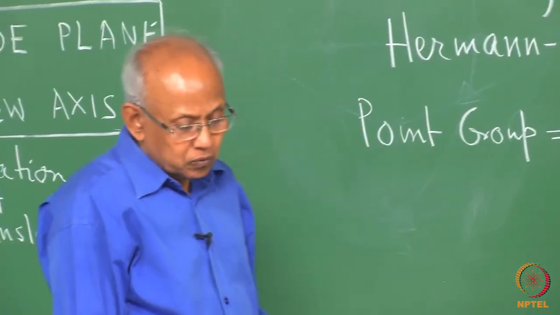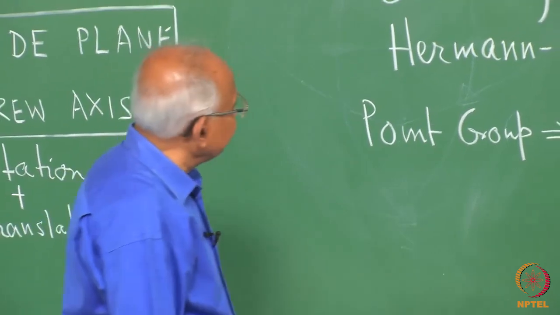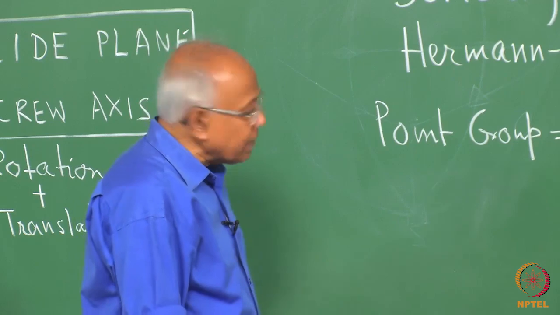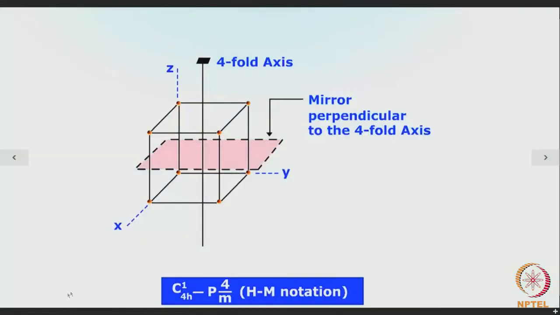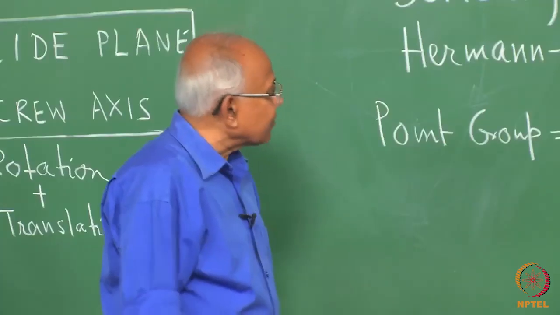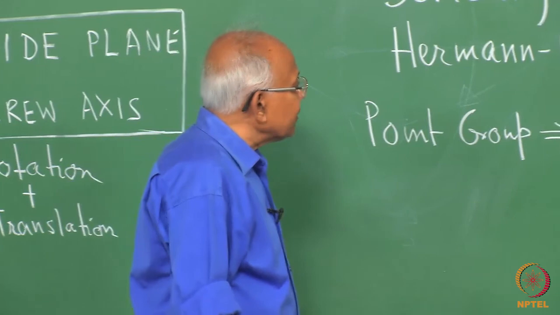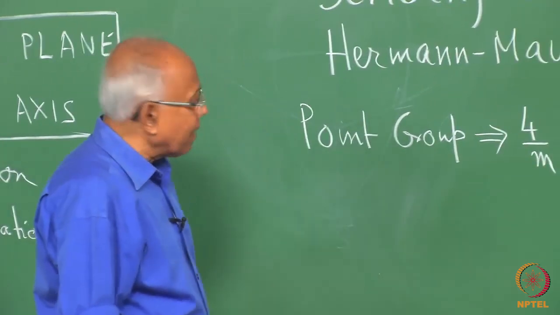So, the same thing as C1 4h in the Schoenflies notation can be expressed as P4 by m in the Hermann-Mauguin or international notation. In this notation, first of all we write down the underlying Bravais lattice.